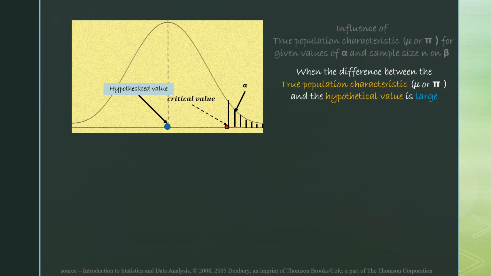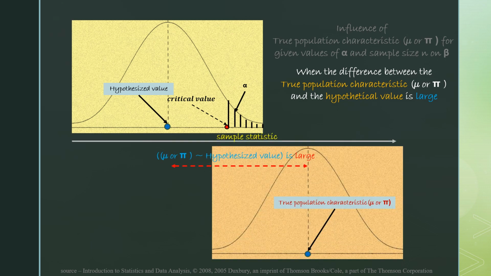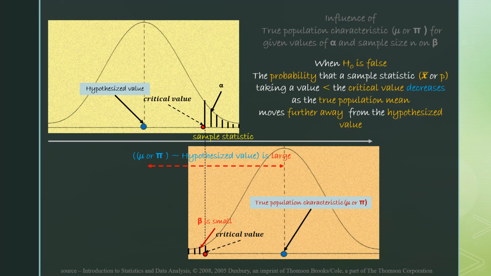When the difference between the true population characteristic mu or pi and the hypothesized value is large, beta is small. That is, when H0 is false, the probability that a sample statistic x bar or p taking a value less than the critical value decreases as the true population mean moves further away from the hypothesized value.